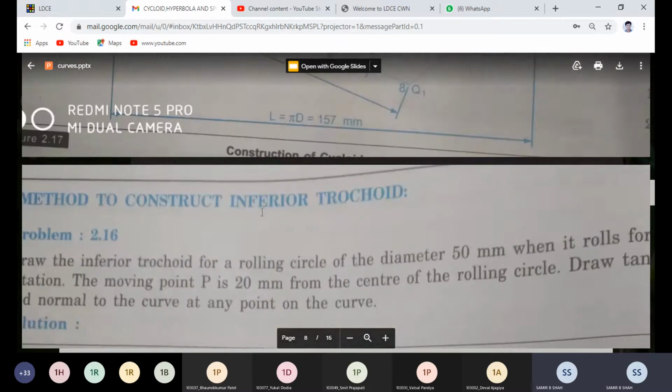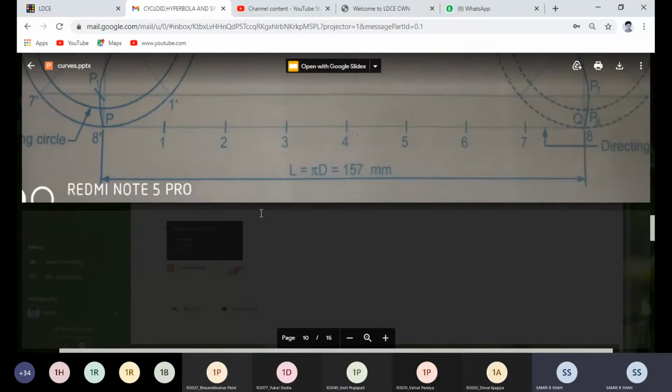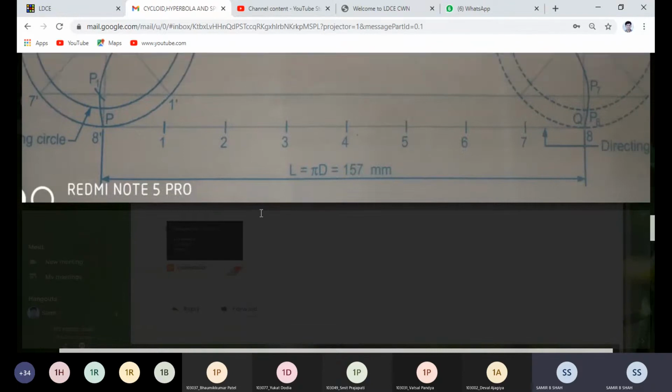I just give you a brief introduction about epi and hypo, so it may be very easy for all.